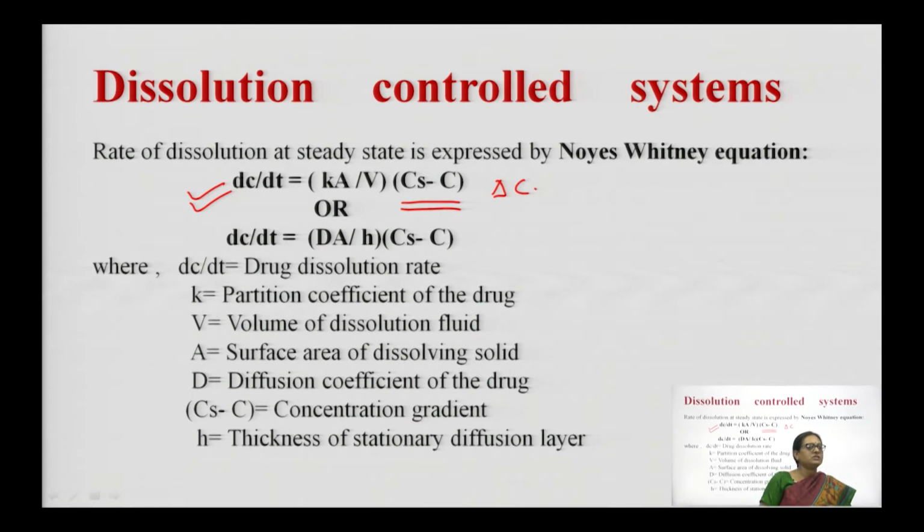Again, the agitation serves that purpose only. It removes the stationary diffusion layer. The agitation in the liquid keeps the thickness of the stationary diffusion layer to a minimum. Then Cs minus C is the concentration gradient again, and it exhibits direct proportionality to the concentration gradient.